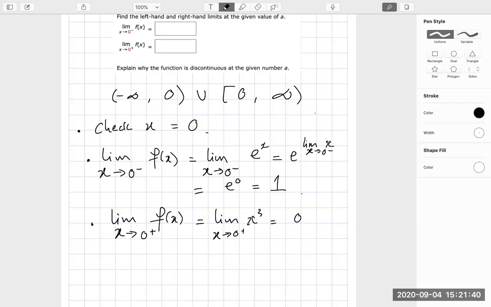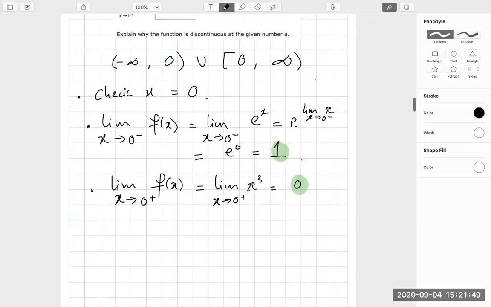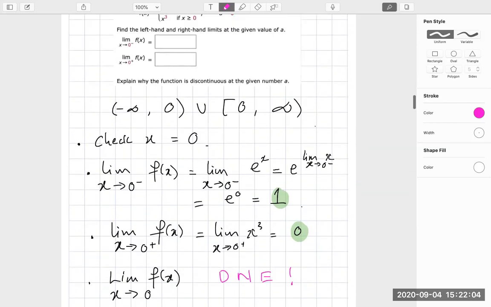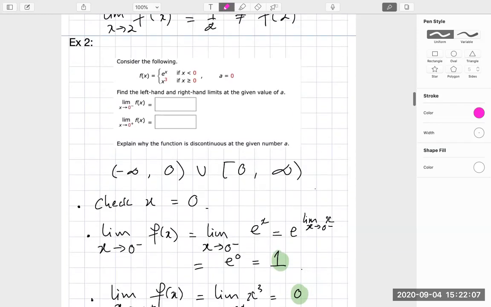And we see that the left-hand limit and the right-hand limit are not equal to each other. Therefore, the limit does not exist when x approaches 0. Therefore, you can answer this, right?